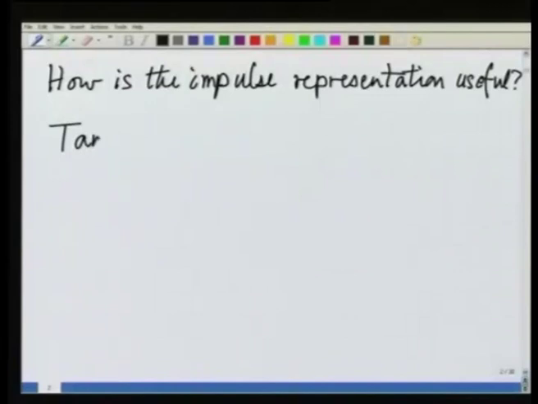So, take any arbitrary LTI system. Remember that it has to be linear time invariant, that is very, very important.